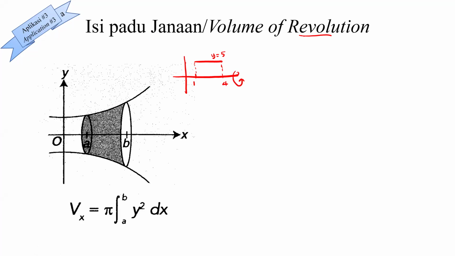That means you imagine there is one piece of paper here, and now you go down and go about 360 degrees about the x-axis. When you flip this paper downwards, isn't it this y equals to 5 will reach here? y equals to negative 5. That means this height here is 5.